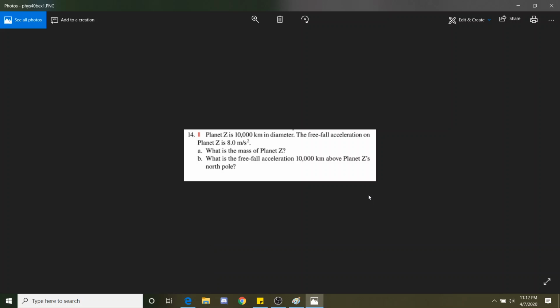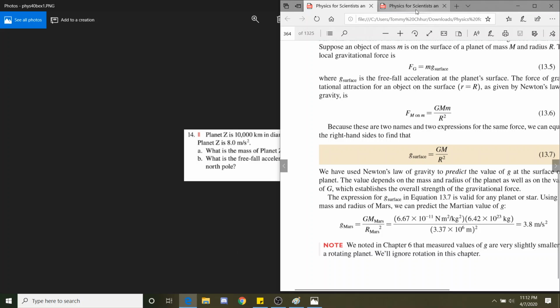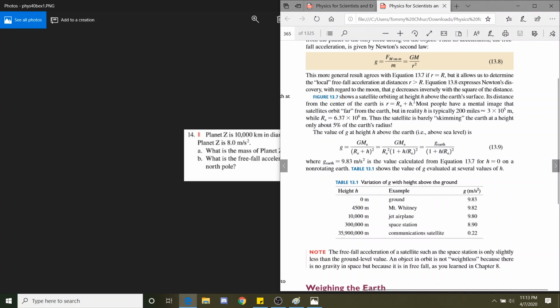In order to find the free fall acceleration of a planet at a certain height, we can use this equation, which is on page 342 of our physics textbook.